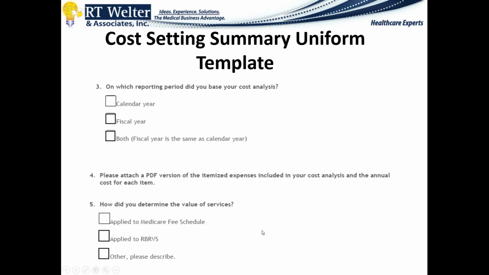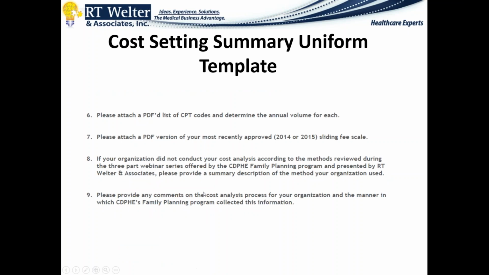How did you determine the value of your services? Did you utilize Medicare Fee Schedule? Did you utilize RBRVS, or did you utilize some other method? And I will remind you once again, you are free and flexible to use any method so long as you can provide your rationale. Supporting documentation with a list of CPT codes and determining the annual volume for each, so your volume report by CPT.